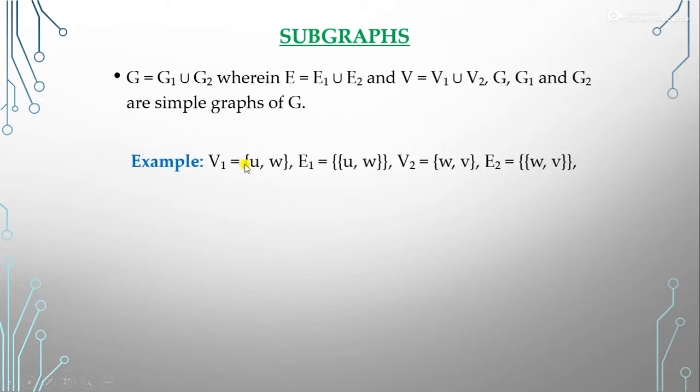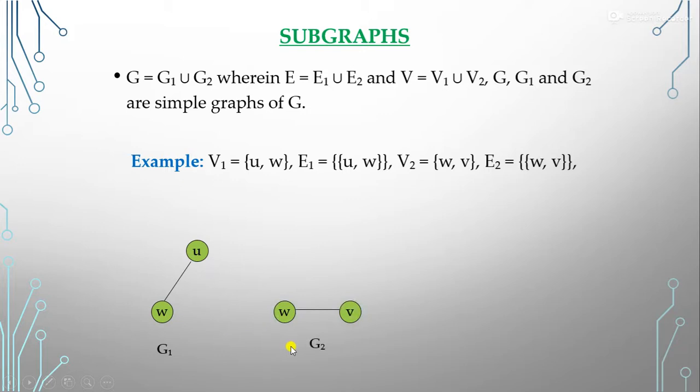You can see it like this. Suppose V1 has two vertices U and W, and V2 has the vertices W and V, with edges E1 being UW and E2 being WV. So this graph is our subgraph G1, in which we have the two vertices U and W and the edge UW.